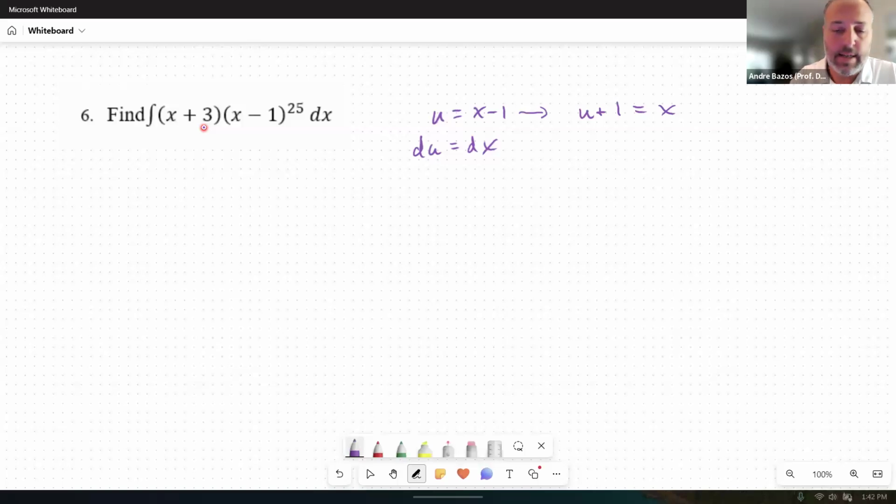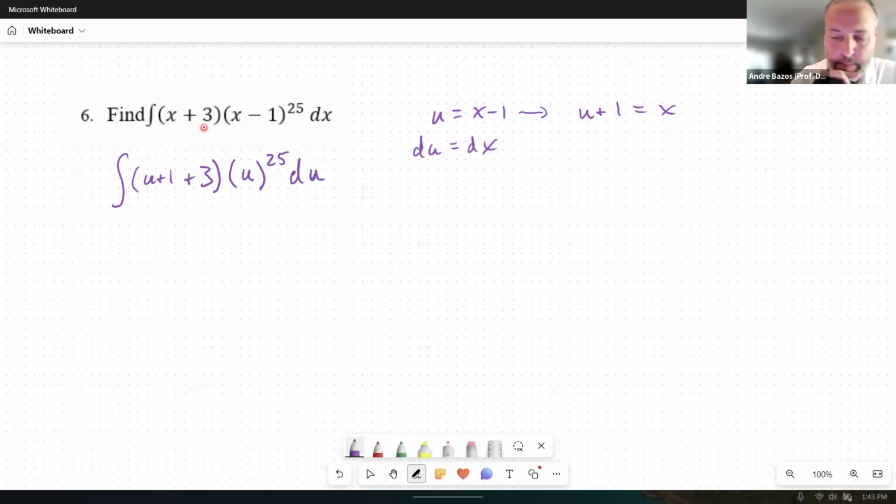I can sub in x in there, so let's do that. So x is equal to u plus 1. I still have the plus 3 there. And then I have x minus 1 is u, all raised to the 25th power, and dx is du. So I've just replaced everything and made it in terms of u.